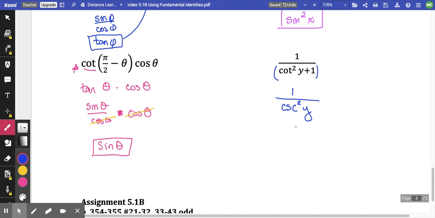So that gives me 1 over cosecant squared of y. Now 1 over cosecant of y is the reciprocal identity for sine of y. So 1 over cosecant squared of y would be sine squared of y. And that would be about as simple as I could make that one.